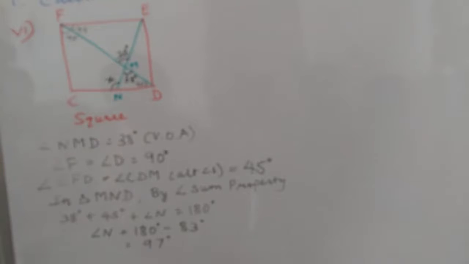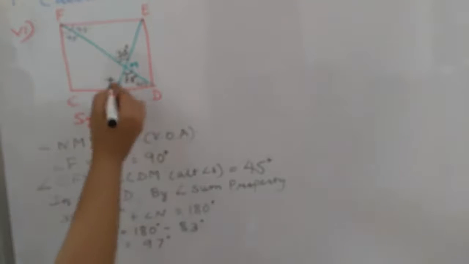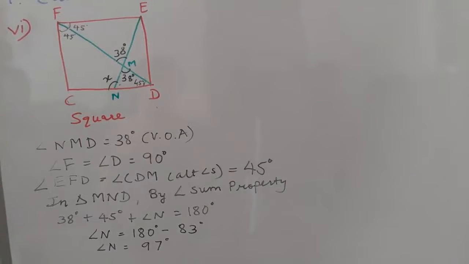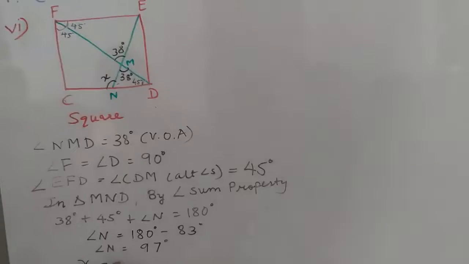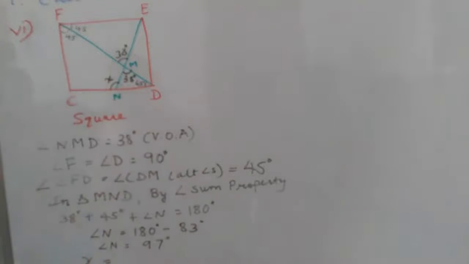We want to find out the other angle, which is this x. This angle is in the triangle, and the one I found here is 97 degrees. Now I'll find x. That is forming again a linear pair. So x will be 180 degrees minus 97, which is again 83 degrees.